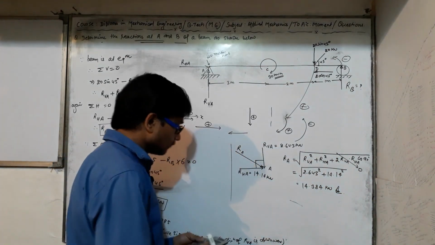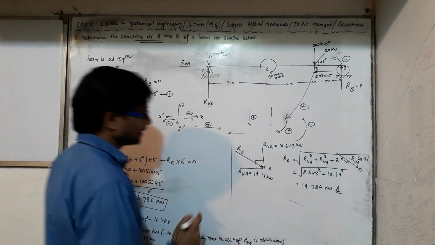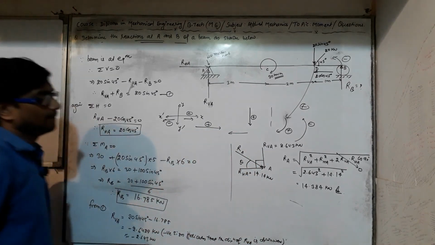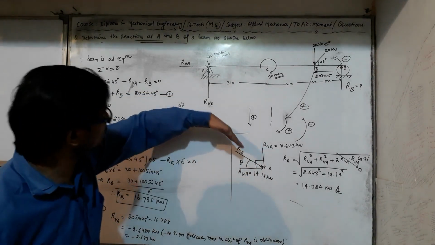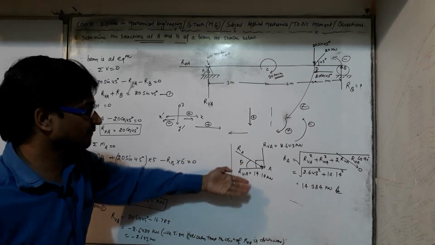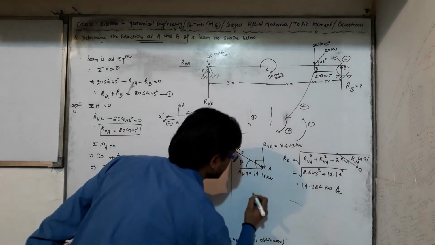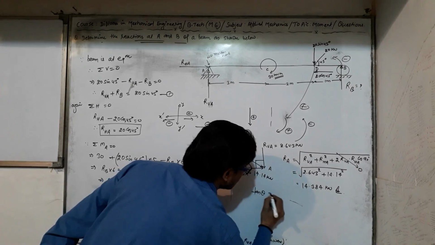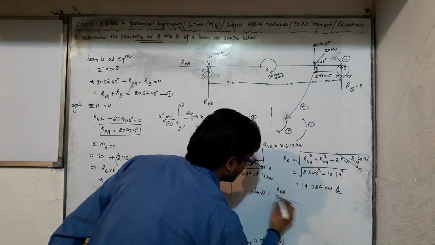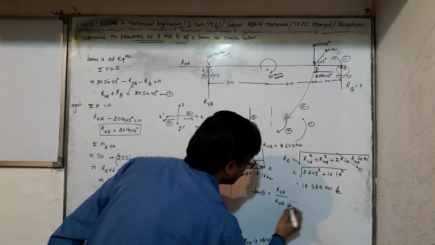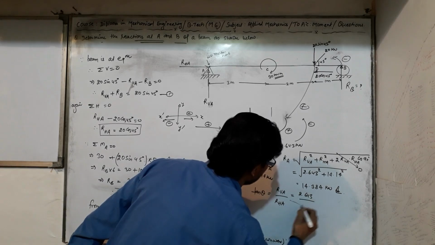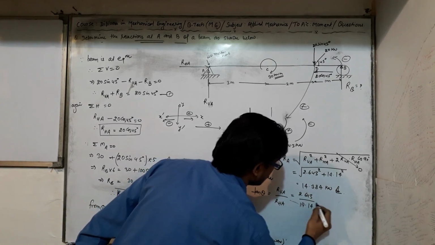Hence, one more thing which we have to find: what is the angle? Let us say theta is the angle made by the total reaction force at point A with the horizontal. So we can have tan theta equal to the vertical divided by the horizontal reaction, that is 2.643 upon 14.14.